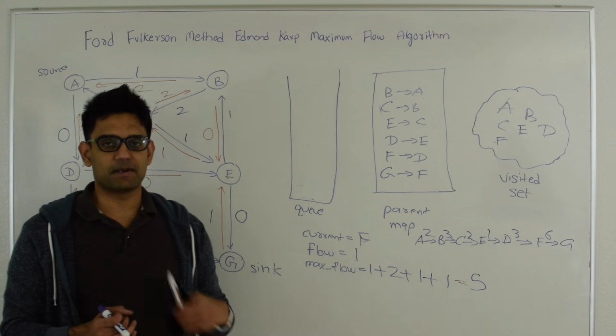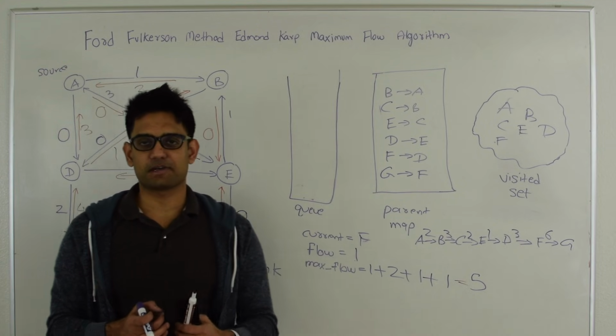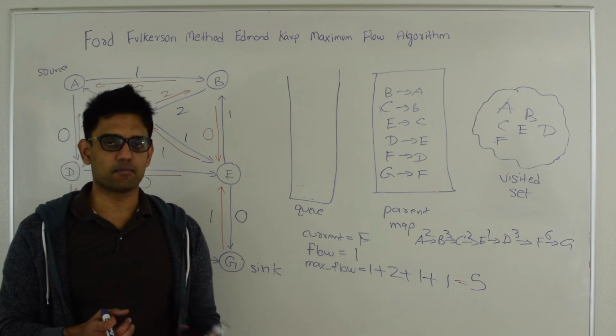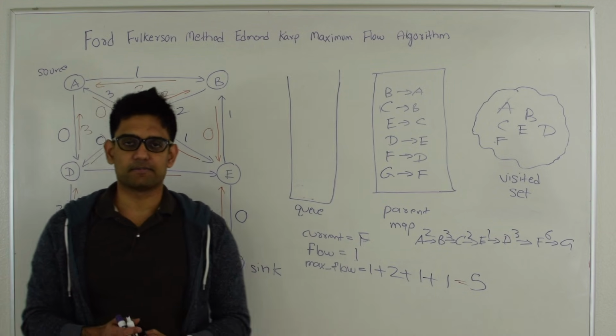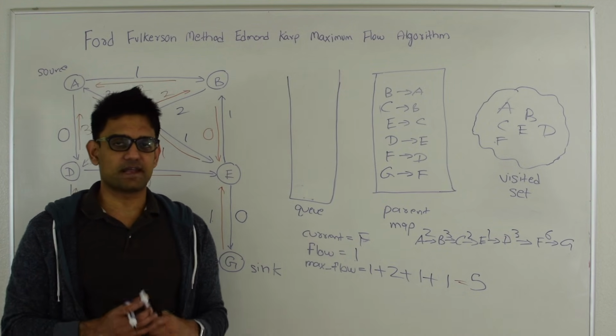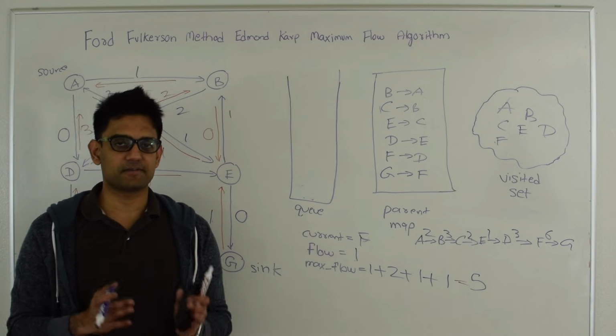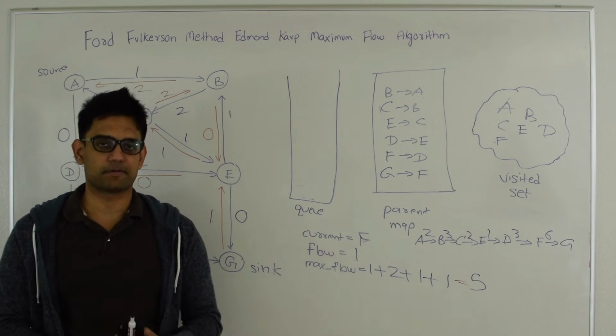And then you keep repeating the process till you keep finding augmented paths, and you stop at the point you can't find an augmented path anymore. So this is the entire algorithm. So next, let's look at the time complexity for both Ford-Fulkerson by itself and Ford-Fulkerson with Edmonds Karp algorithm.